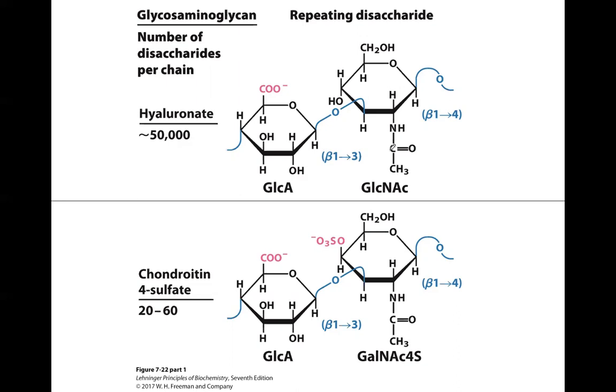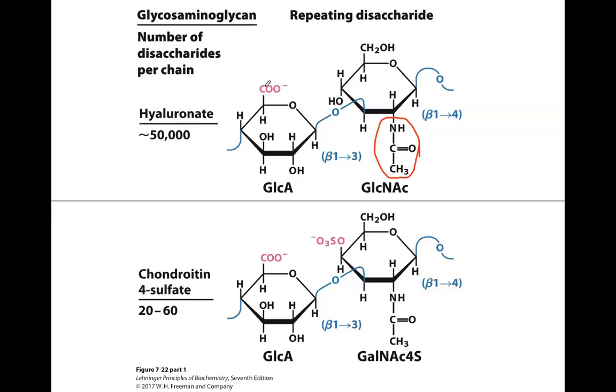So disaccharides, right? One of them is going to be the acetylated amino function, like an acetamino function instead of the hydroxy group here. And the other is going to be glucuronic acid.